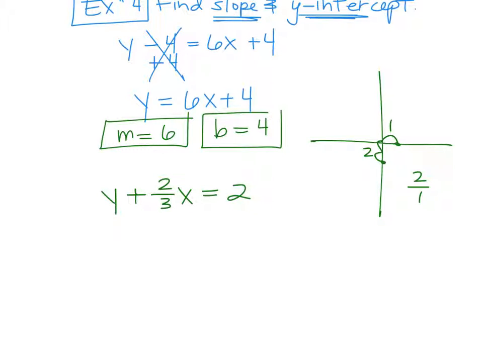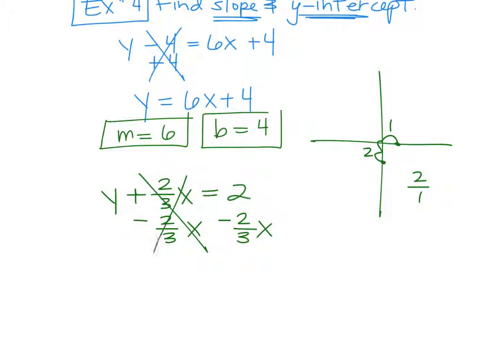Okay, if my equation looks like this and I ask you for slope and y-intercept, you always have to put it into slope-intercept form first. Slope-intercept form is always y equals something. You have to isolate the y. How do I isolate y right now? You're going to take away the 2/3 x from both sides.